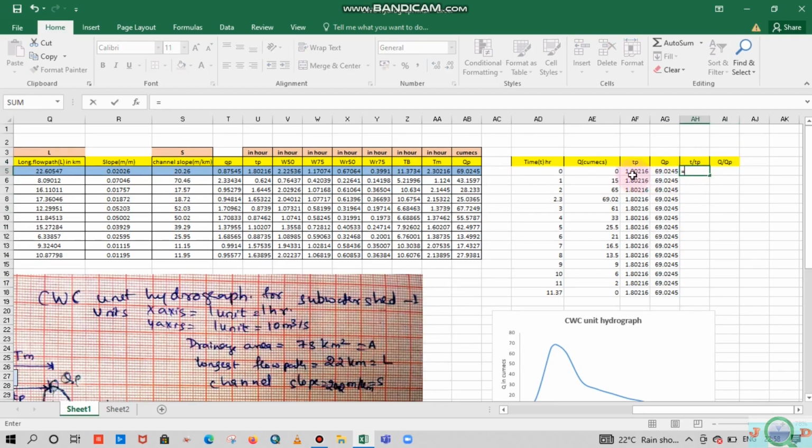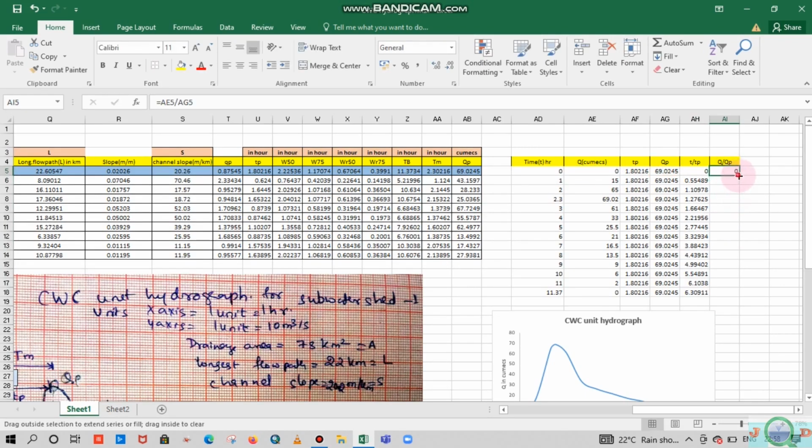So here T by TP, T we know this one, T by TP. Scroll it down, and Q by QP. Here we have the Q divided by QP. Scroll it down.